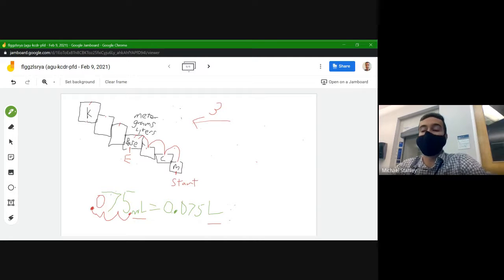Again, followed all of our steps, started at milliliters, ended at liters. We figured out it was 3 jumps to the left, so we did those 3 jumps. We had an empty spot, so we had to put the 0 in there. So our 75 after those jumps became 0.075. So that is how many liters are in 75 milliliters.